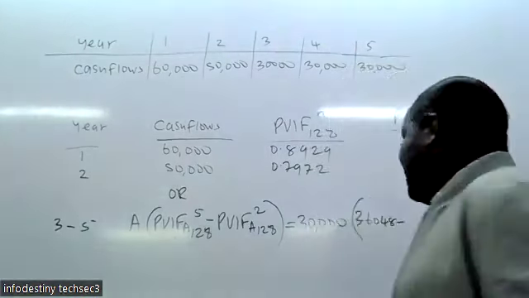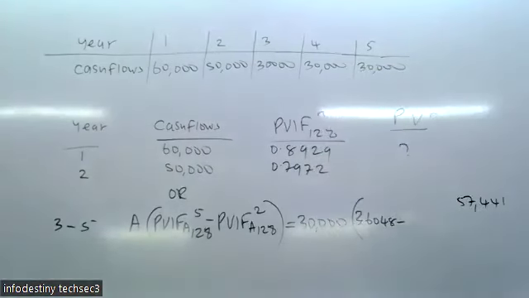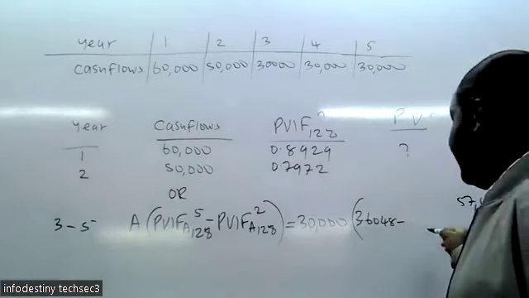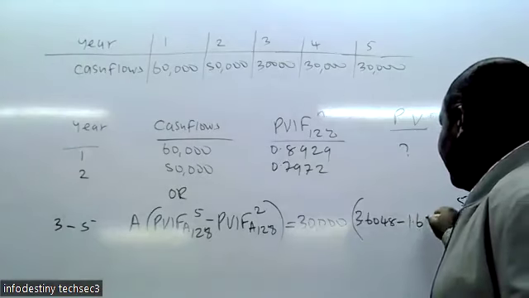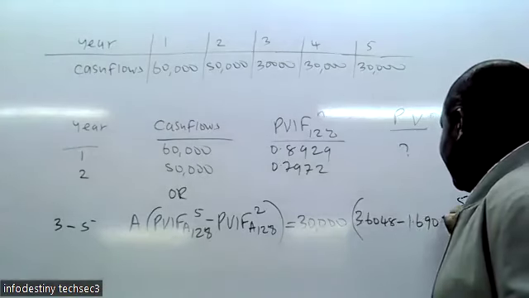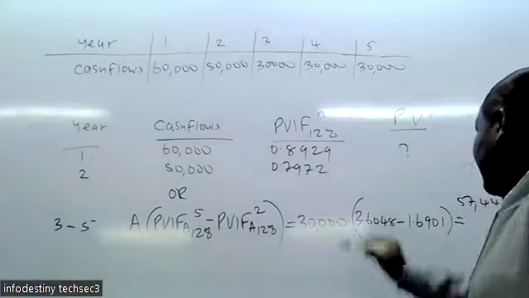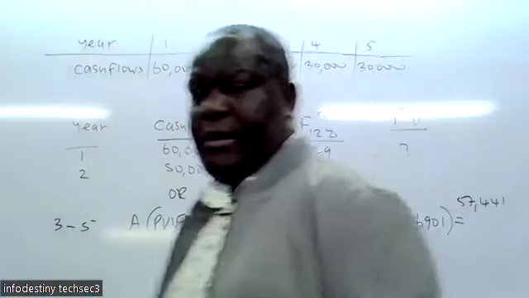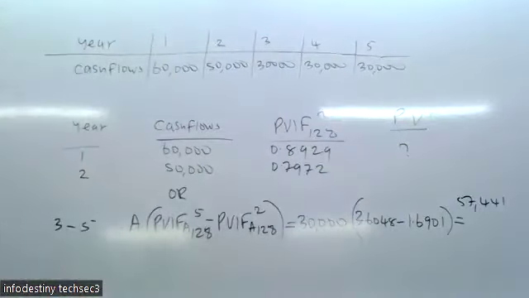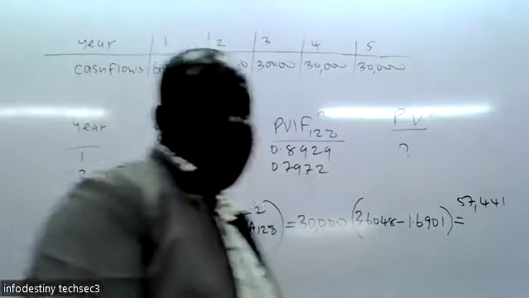Then also confirm what is there in year 2. 1.690. So get that computation and see what you get from that level.